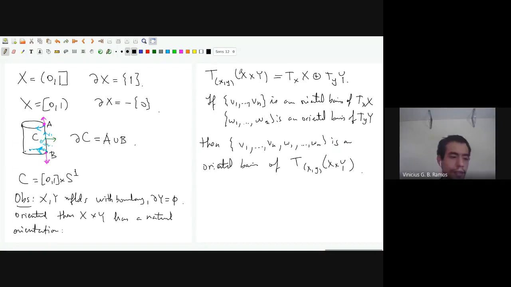Okay, but this is just the notation to get a little heavy. But the point is that if you have an equation of vector spaces with direct sums, and all of the vector spaces in this equation are oriented except for one, that equation induces an orientation on this last one.